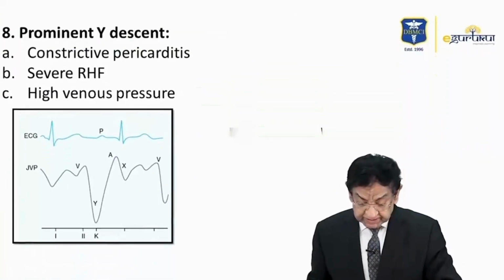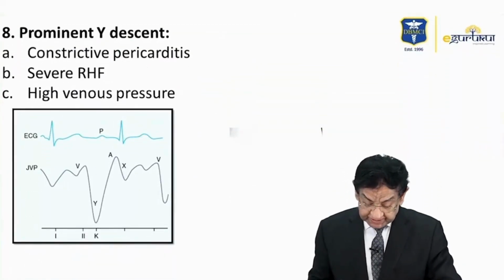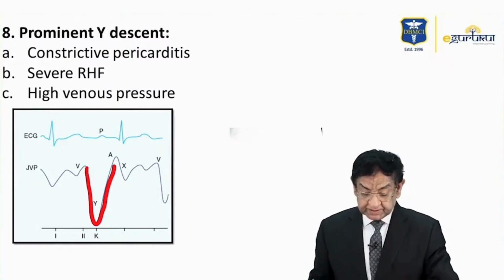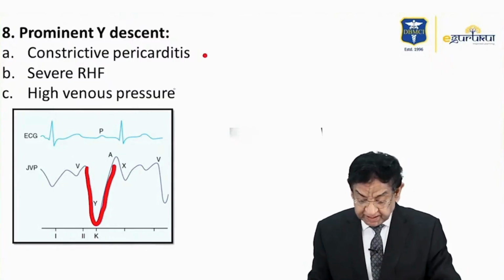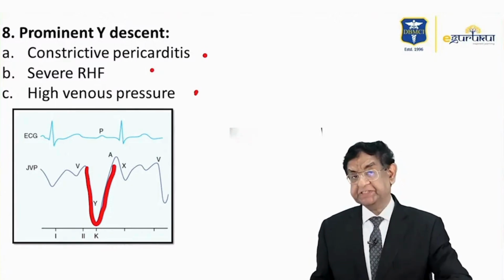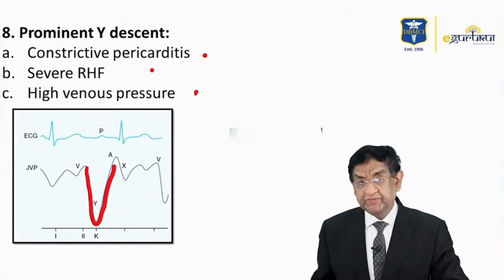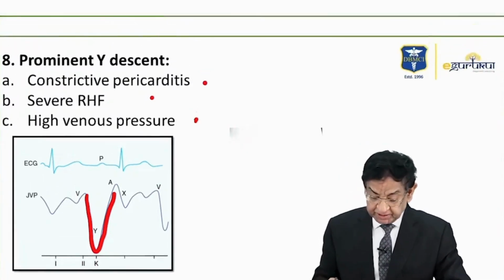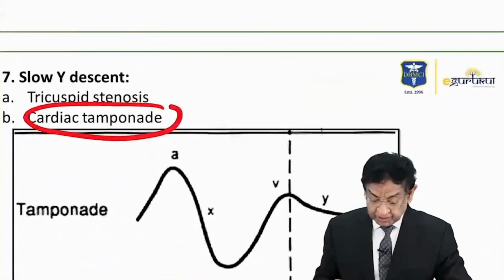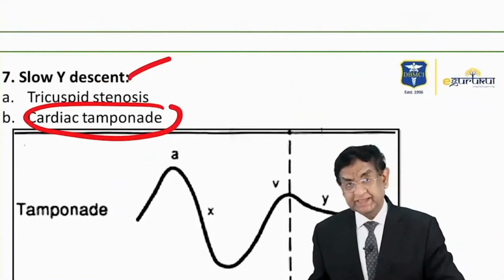Prominent Y descent, when Y descent is very prominent, we see in constrictive pericarditis, right heart failure and high venous pressure. Well, we know very well the Y descent is produced due to opening of the tricuspid valve. So when it is impeded, you are getting a slow Y descent.